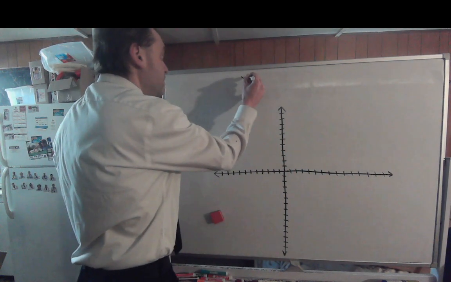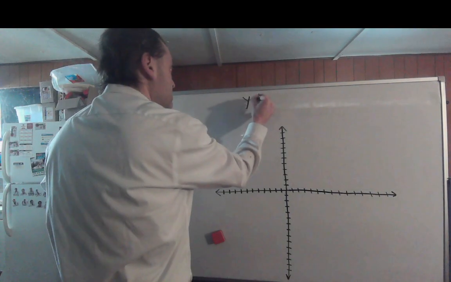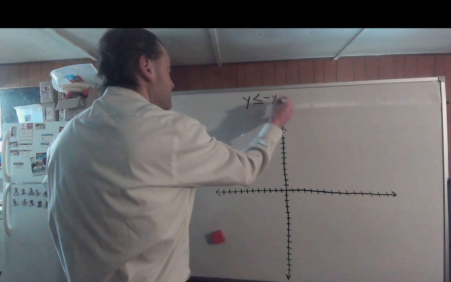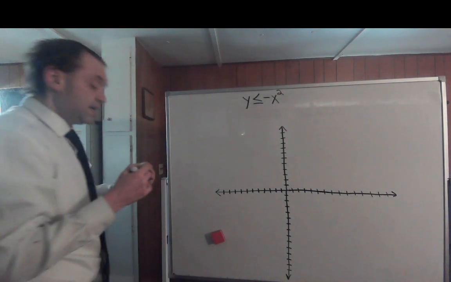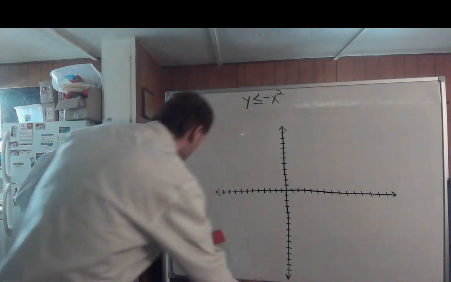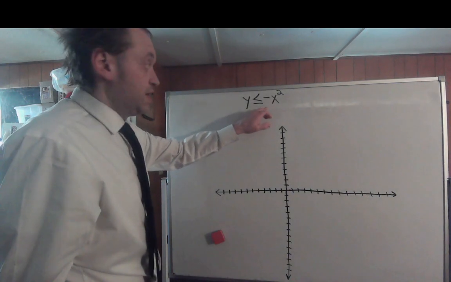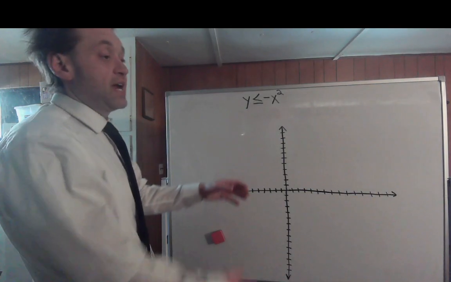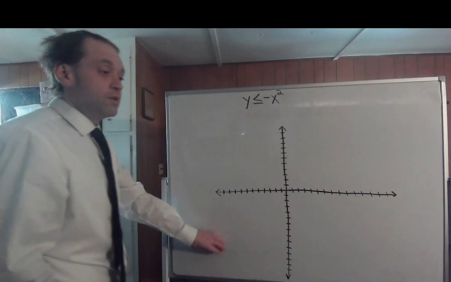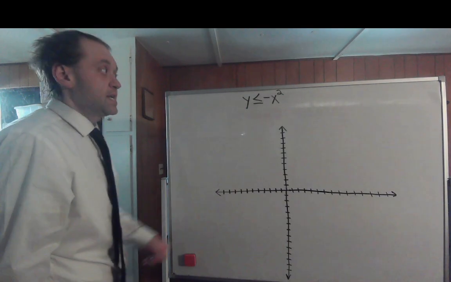Okay, what if we had y is less than or equal to negative x squared? Well, since we have a negative coefficient on the x squared, that means it's actually going to be turned upside down, and it's going to fall to the left and fall to the right.